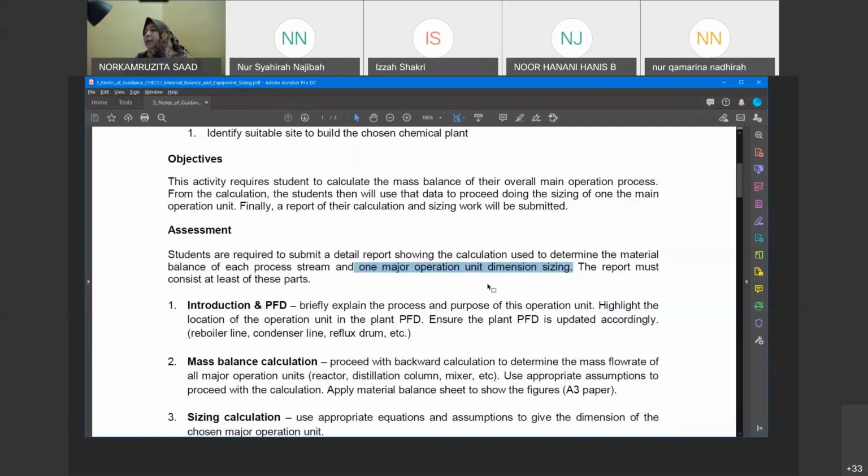The feed can be in liquid form, vapor form, or a mixture of vapor and liquid. I hope that you still remember what you have learned. Those conditions of the feed are also part of the design of your particular equipment. Okay, so remember. Any question? If you have questions, you just switch on your mic.